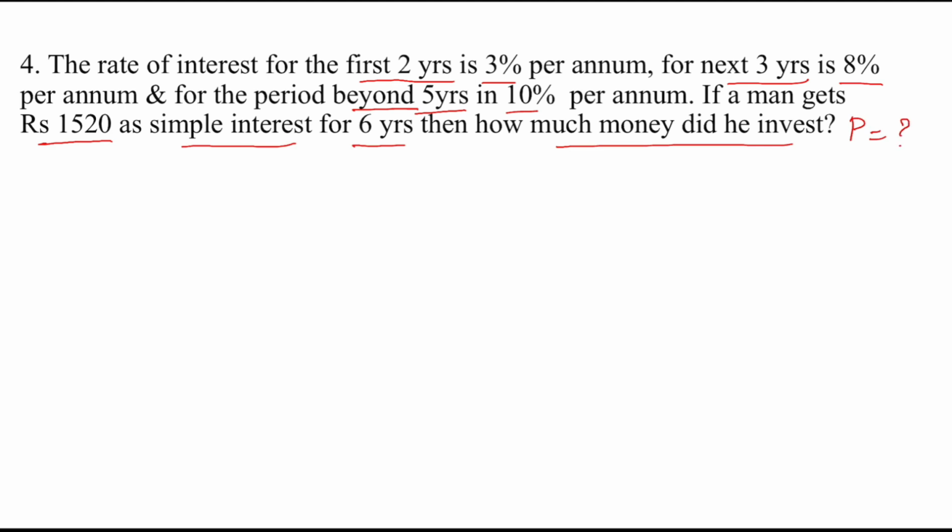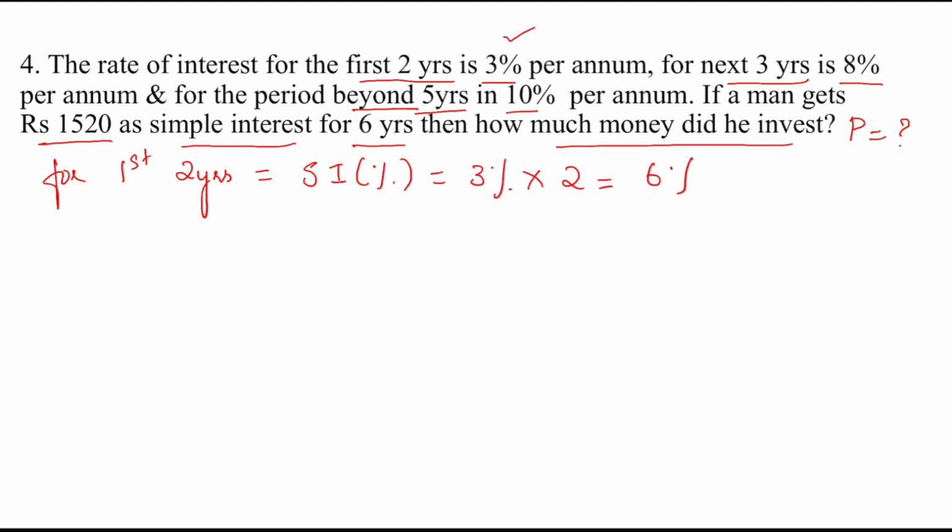Now for the first 2 years he is investing at 3%, isn't it? So for the first 2 years, SI percent is R percent into time, which is 3% into 2 years, equal to 6%.